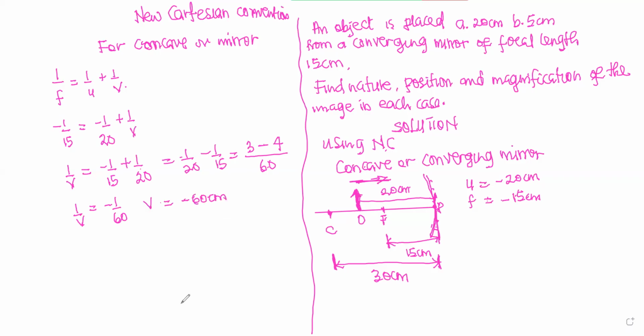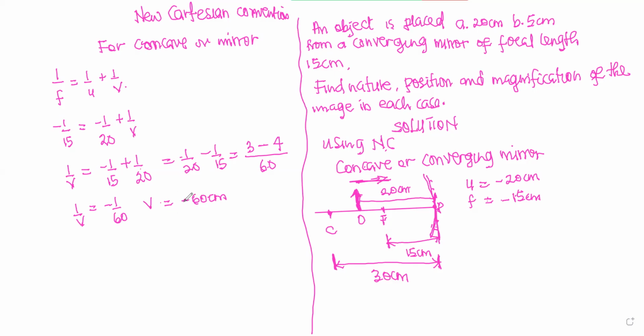centimeters. So if V is negative, then what does it mean? Class, if V is negative 60, what does this information actually mean? The image is real. The image is real because it is in front of the mirror. Okay.